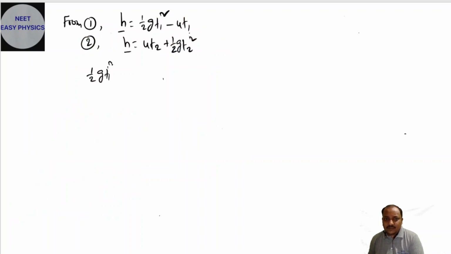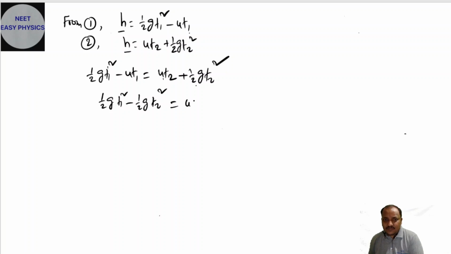Half g t1 square minus ut1 is equal to ut2 plus half g t2 square. Now you can rearrange the equation: half g t1 square minus half g t2 square is equal to ut1 plus ut2. So half g (t1 square minus t2 square) is equal to u into (t1 plus t2).